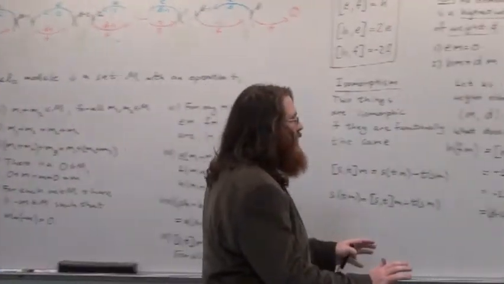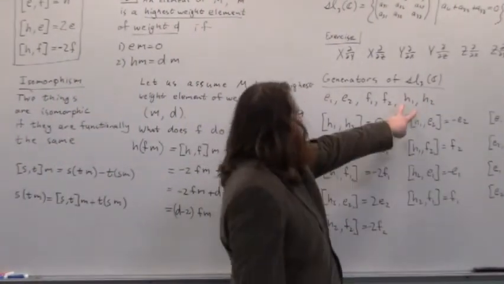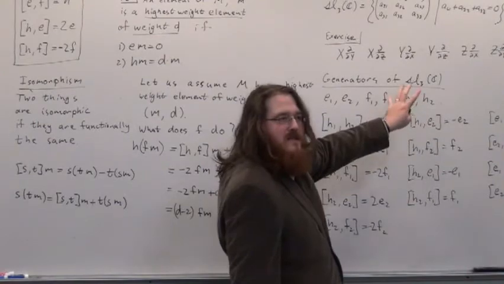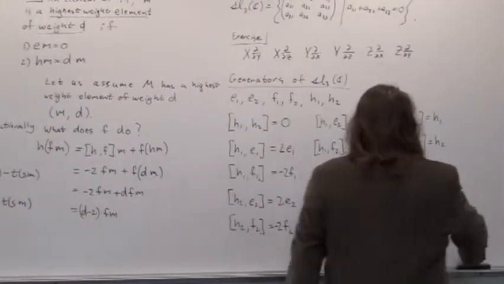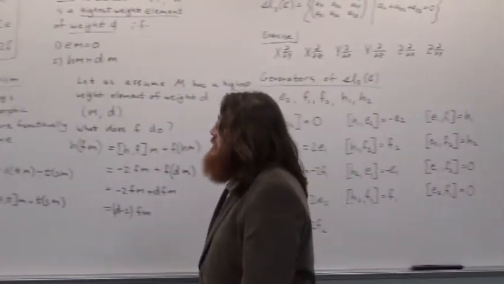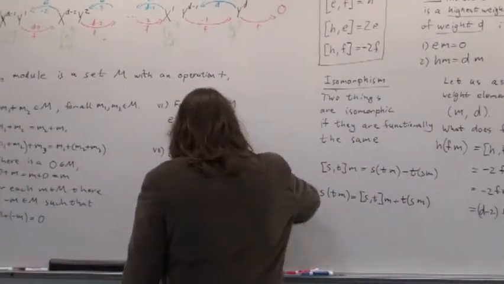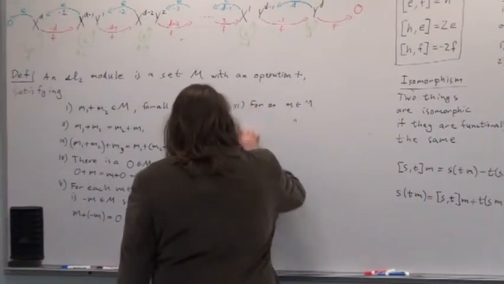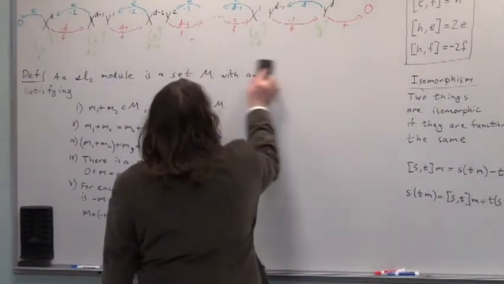Well, the big thing to realize is I have two H's now. Right? I have two things that are kind of diagonal matrices. So I'm not going to just have a single. Well, I mean, what does it mean to be a highest weight vector for SL3 now?